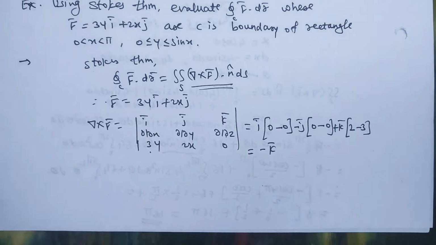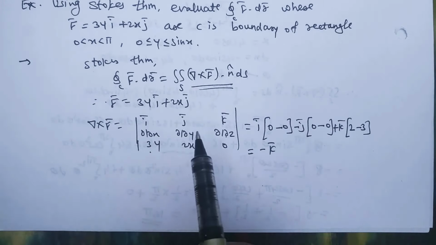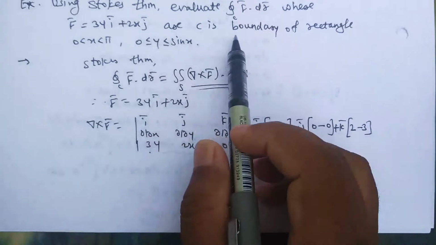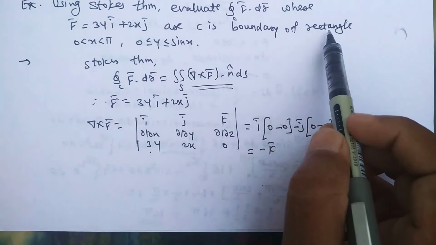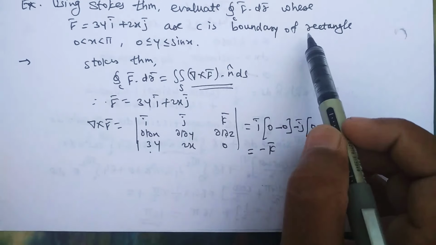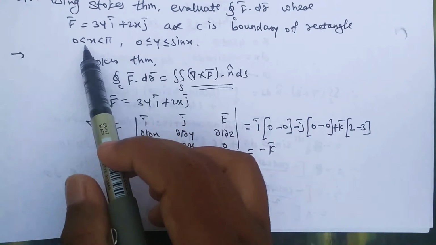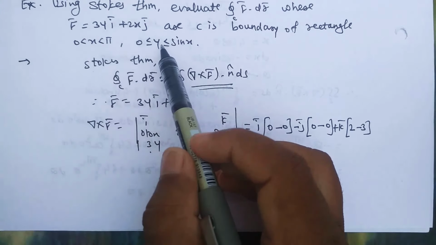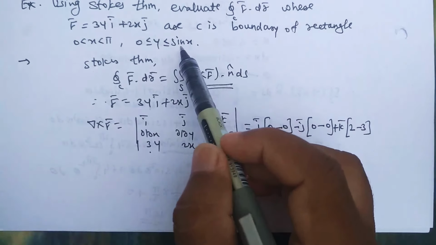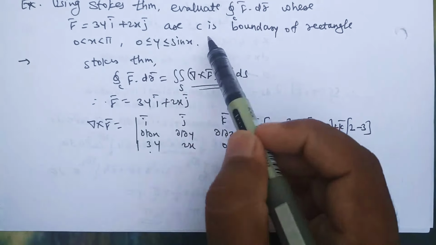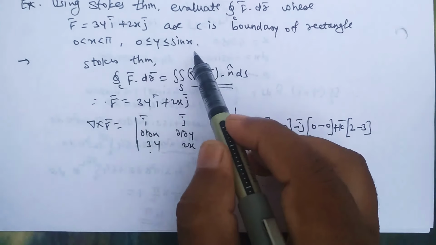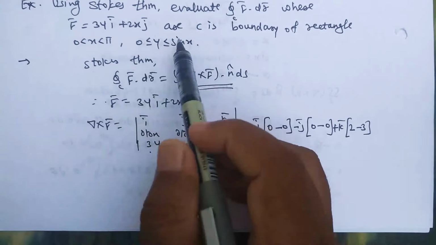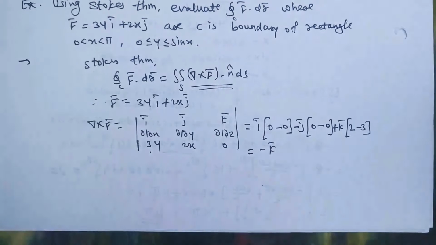Now what is the value of n cap here? We are given that C is the boundary of a rectangle. Our curve is a rectangle having x varying from 0 to pi and y varying from 0 to sin x. So here the z term is absent, that means the value of z is equal to 0, or that means our surface is in the xy plane.